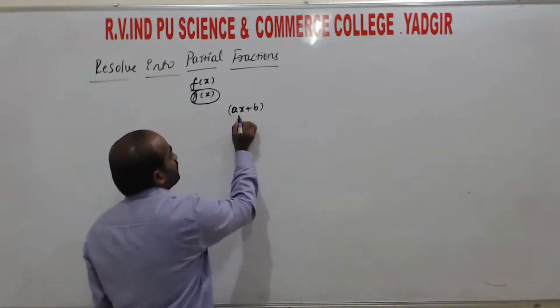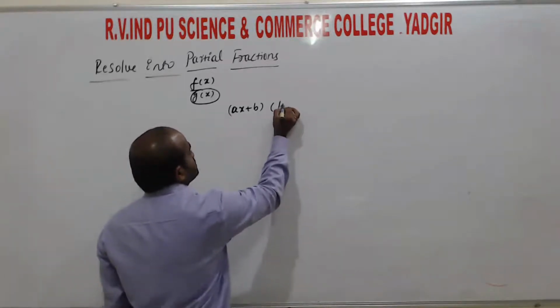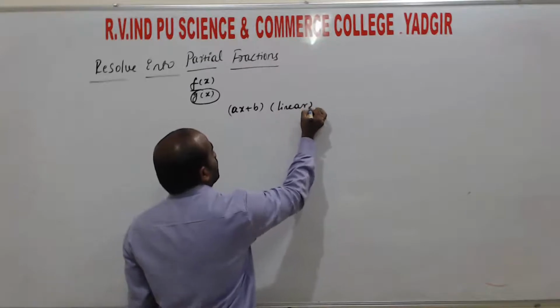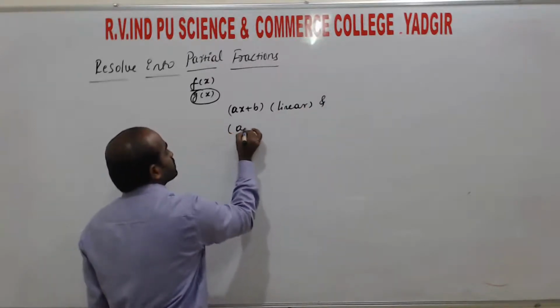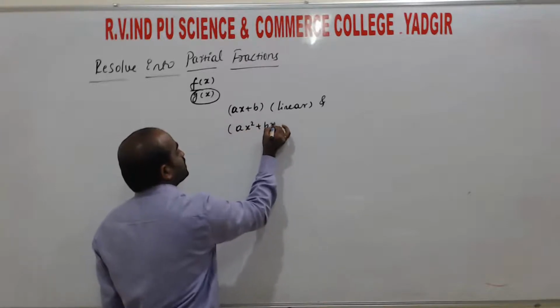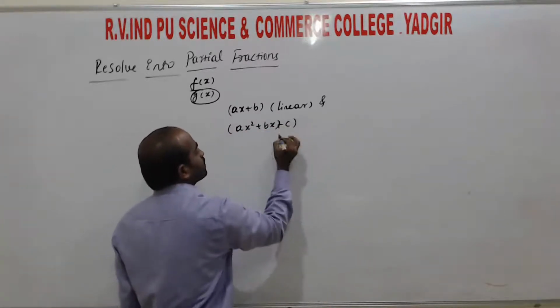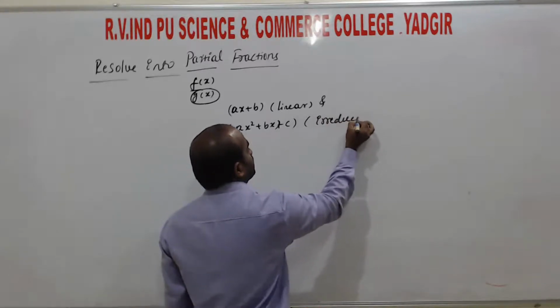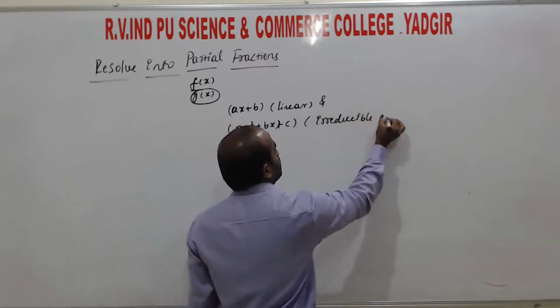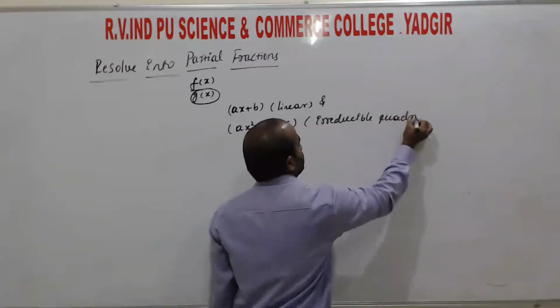The factors of g of x are of the form ax plus b, which is linear, and quadratic of the form ax square plus bx plus c, which is irreducible quadratic.